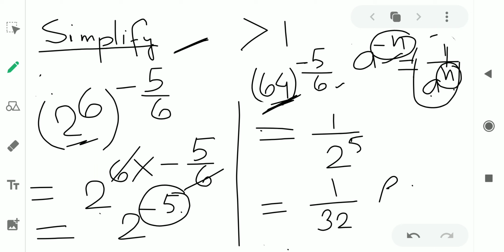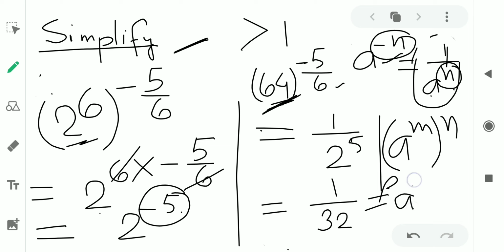Then we have to use the second formula, which we use frequently: a to the power m whole to the power n is a to the power m into n. We have to use this formula many times in exponents.